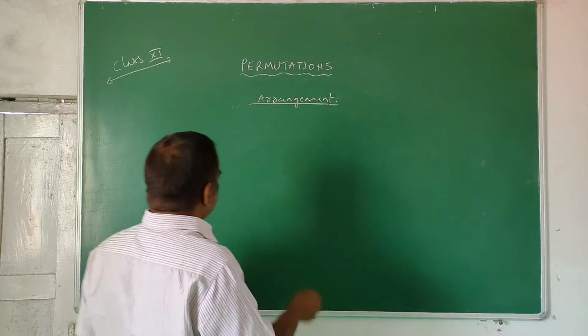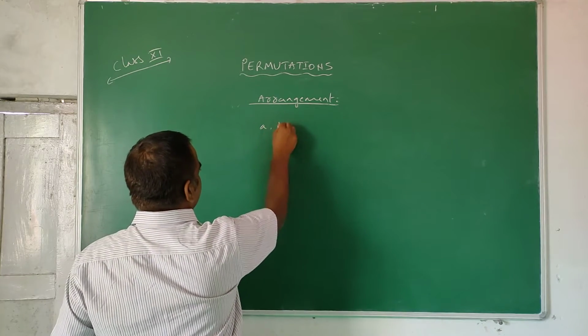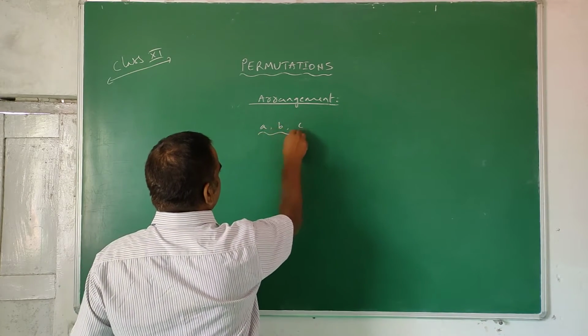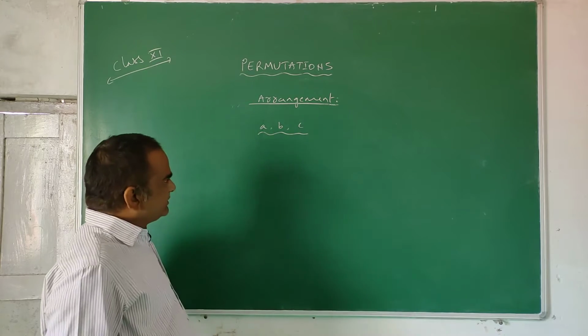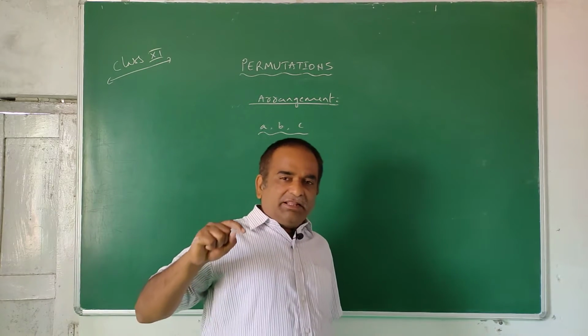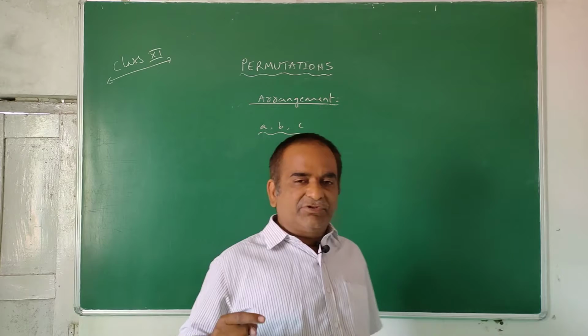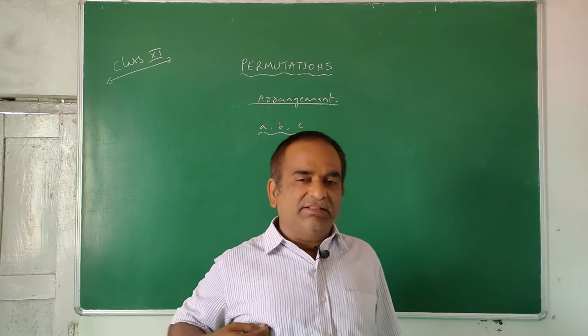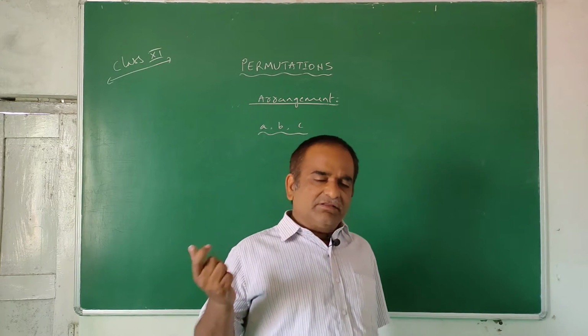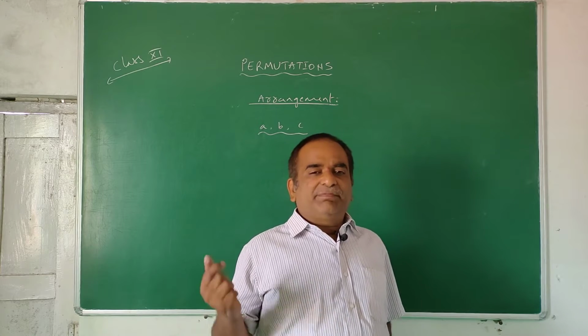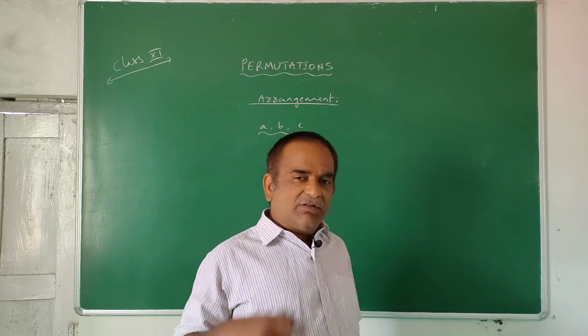Suppose there are 3 things given to you: A, B, C. It is not necessary to use all the things, but in this present situation you are using all the 3 things.